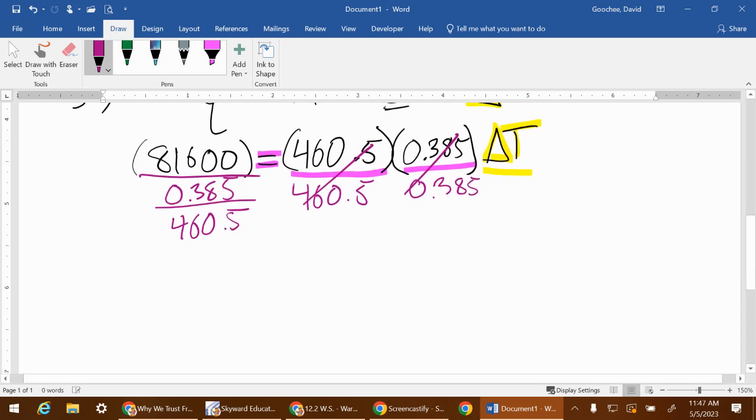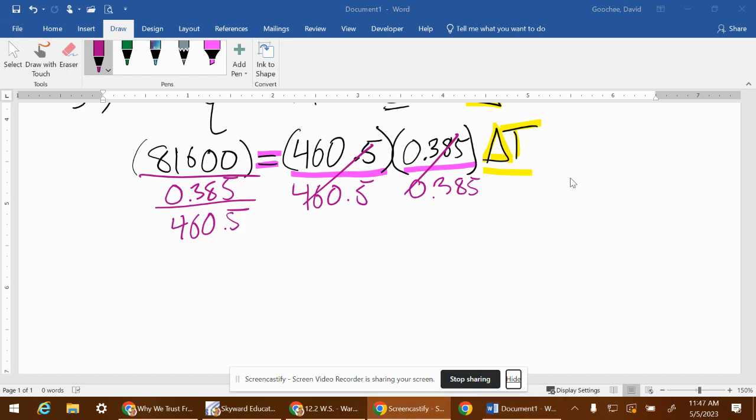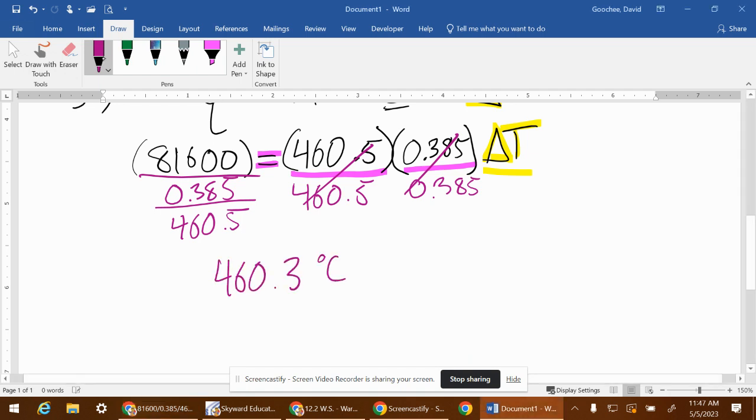Now I'm just going to plug this into my calculator. I am going to take 81,600 and divide it by 0.385 and then divide it again by 460.5. And the answer I get is 460.3. So for a change in temperature, I get 460.3 degrees Celsius.